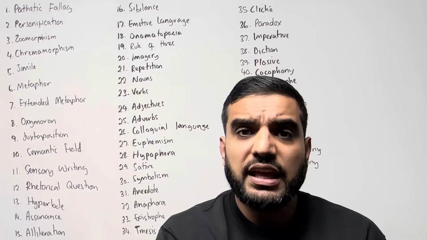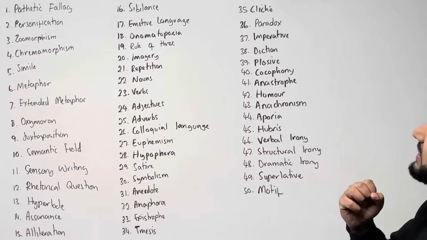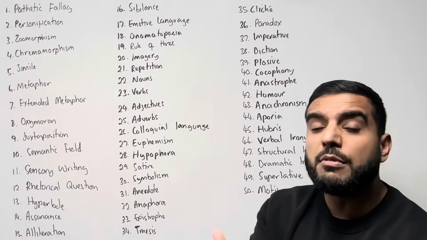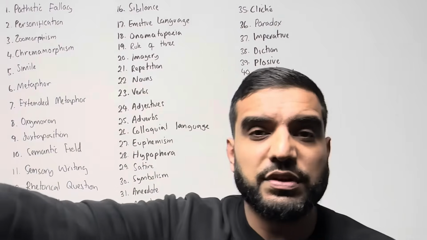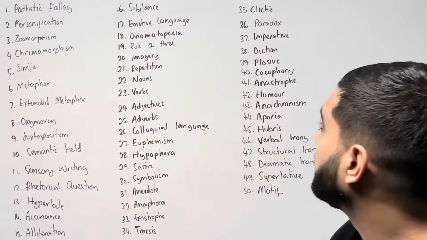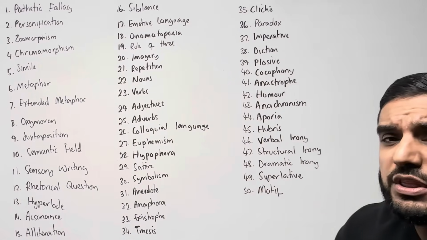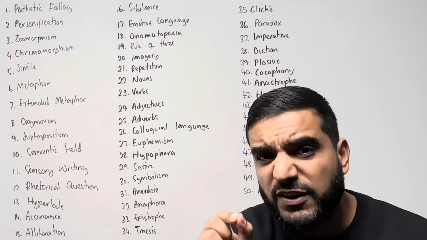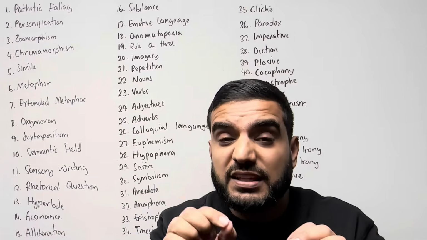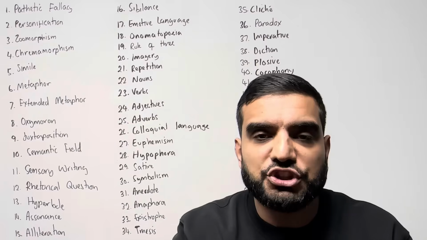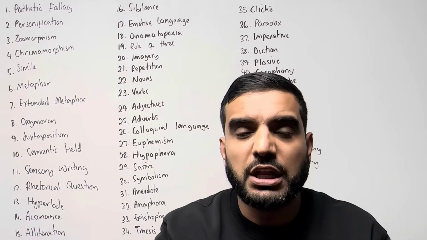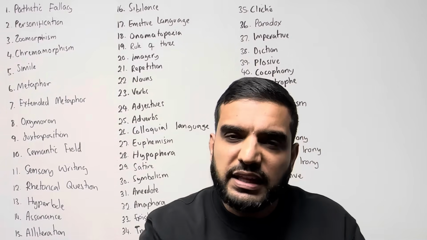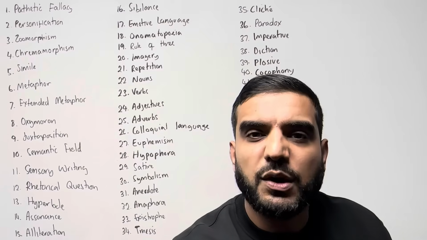Maybe he's got a point. And this is a paradox. Guys, an imperative is a command. Sit down, get up, go over there. This is an imperative. Guys, diction. This is when the writer writes in a specific voice, in a specific way to establish a voice. So for example, the witches in Macbeth, they speak in a very, very particular way.